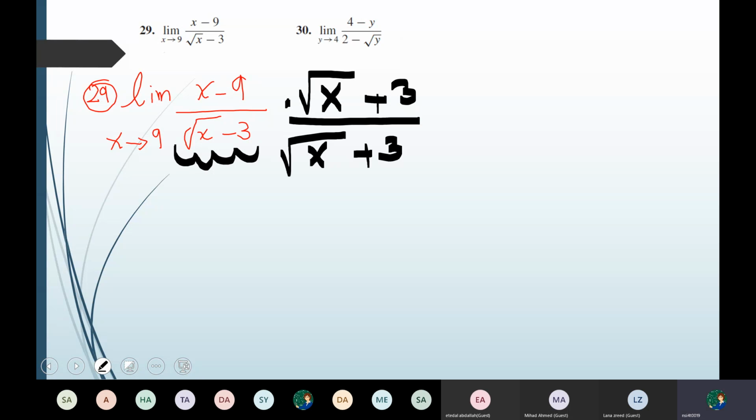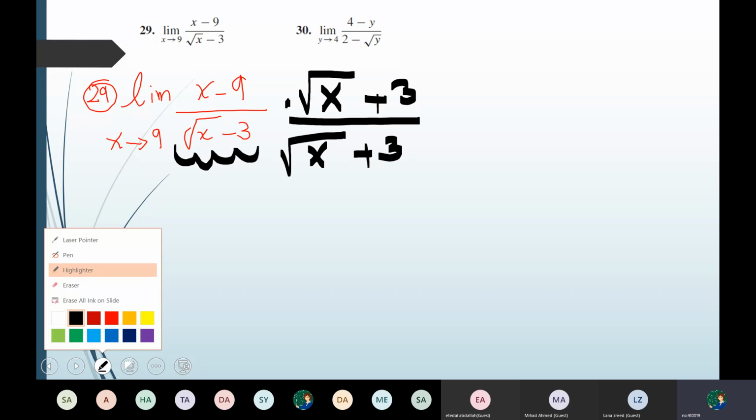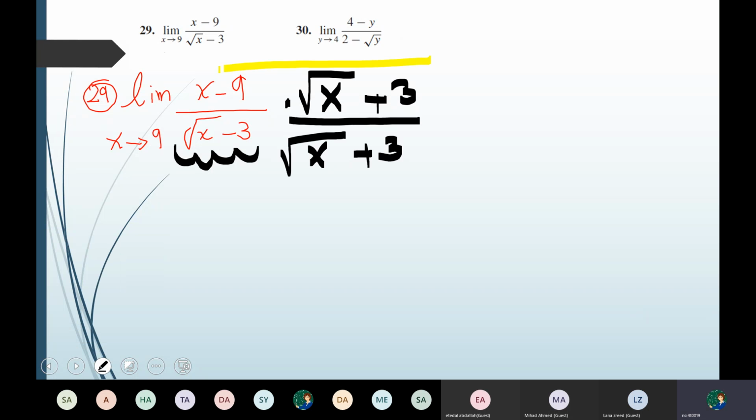Then after that, let's multiply. What you will get?